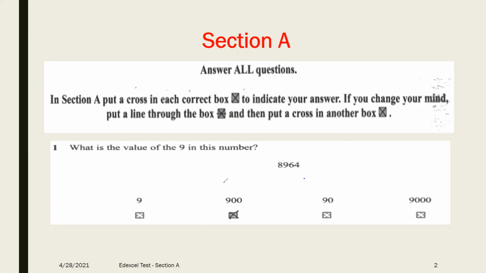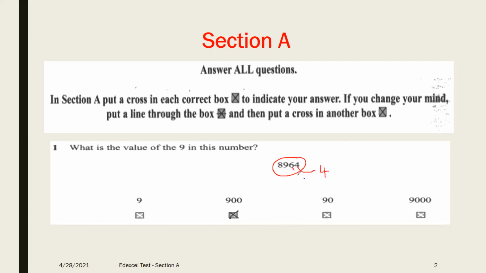The first question is, what is the value of 9 in this number? This is my number: 8,964. According to the place value chart, when we start from the back, this is the ones place or the units place, it is 4.